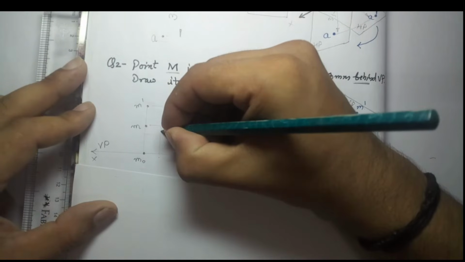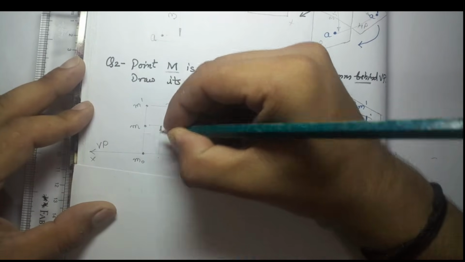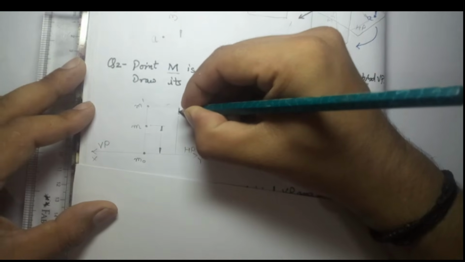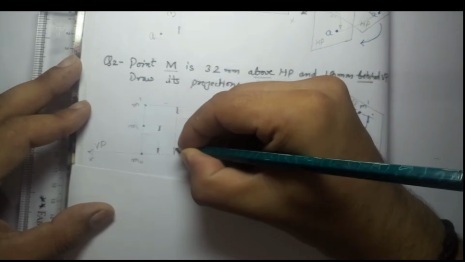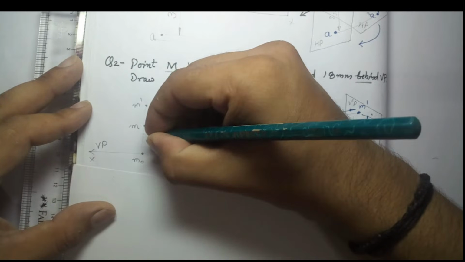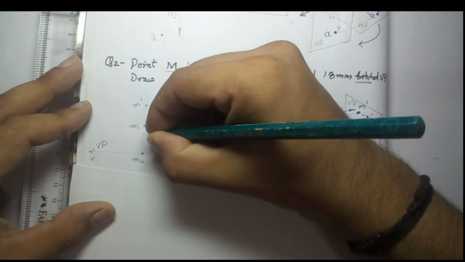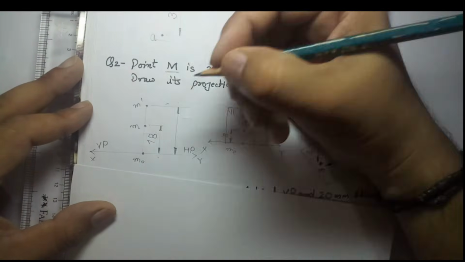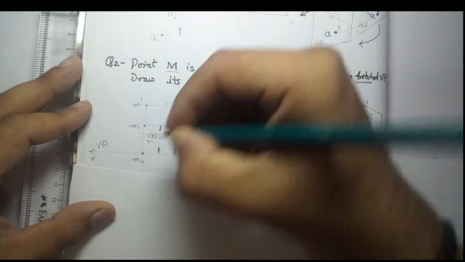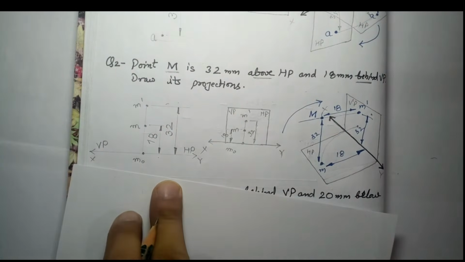Then we draw the arrowheads. Now this is 18, so aligned system from the right side. I am writing the dimension value as per the given style. So this is 32. So this is your solution.